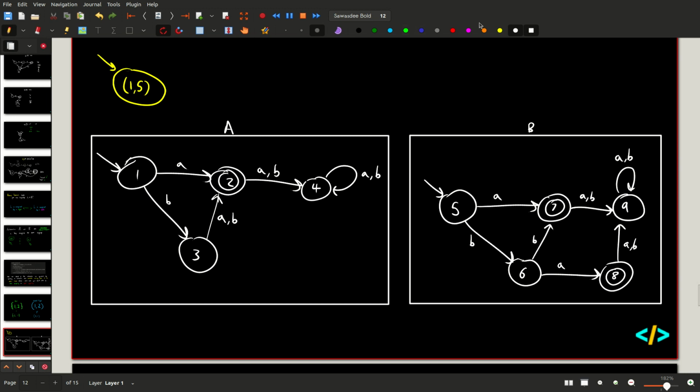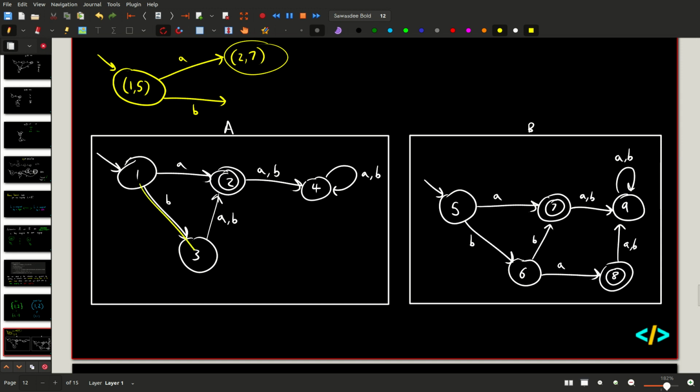Let's do this in a different color, actually. Okay, now we look at every input from there. If we're taking an input of A, from state 1 in automaton A, where do we go? And from state 5 in B, where do we go? From 1, A, we go to 2, and in B, from 5, we go to 7. And then we look at B from 1 and 5.